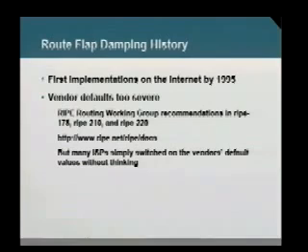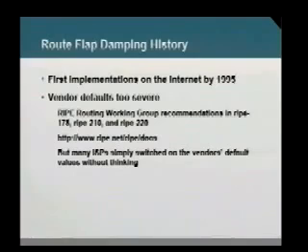That was an attempt to get some sanity into the different vendor defaults. 178 tried to fix the Cisco defaults, finishing with 229, where we had recommendations for a variety of vendor equipment and what to do with, say, the root server networks and so forth.